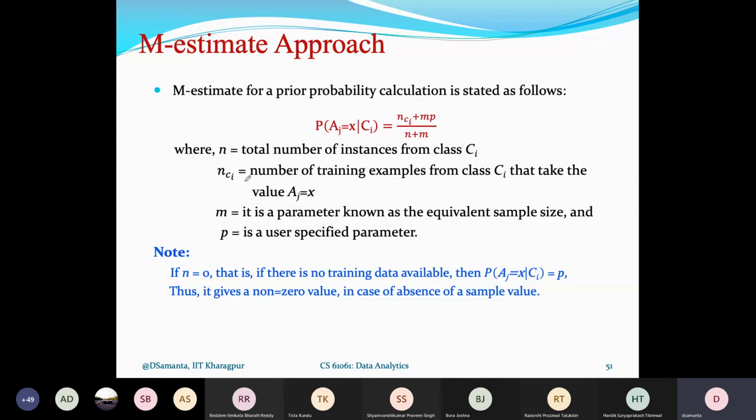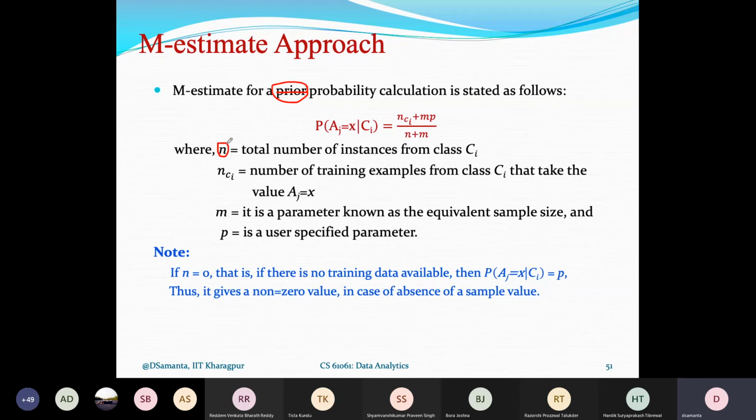This m-estimate approach will help us, again, this is a mistake here, it should be posterior probability. It is not correct, there is a typing mistake. So the m-estimate for a posterior probability calculation, stated using this formula, needs a few input values. The first input value is n.